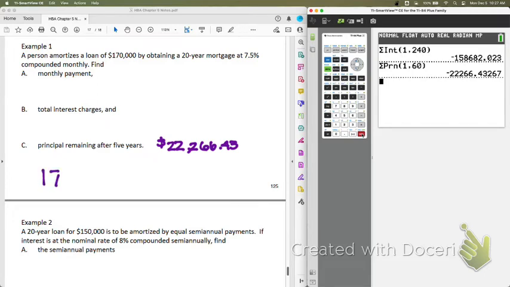I have to take my $170,000 and subtract what I have already paid. Okay? So from that $170,000, how much do I have remaining to pay? Anyone get a number on that one?